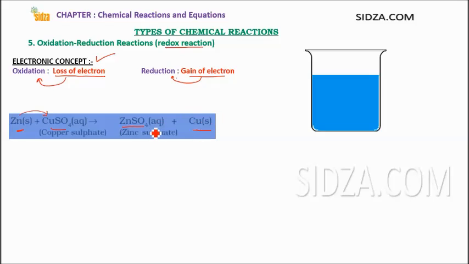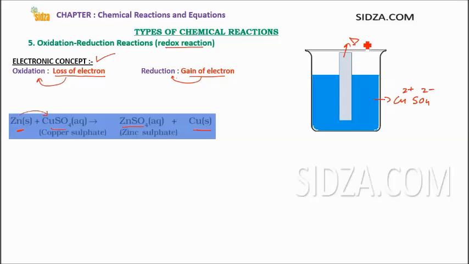Why? Because in this reaction we find loss of electrons and gain of electrons. Suppose you have a copper sulfate solution, CuSO4, with Cu2+ and SO4 2- ions, and I insert the zinc rod in it.